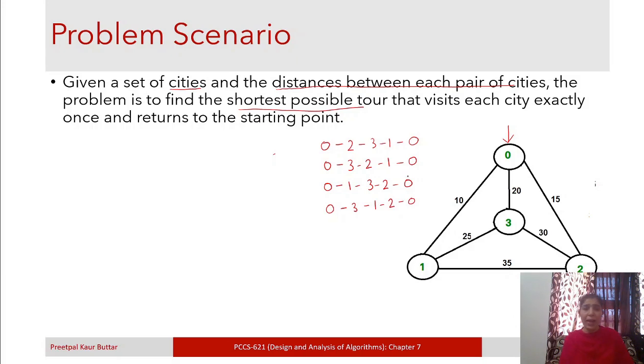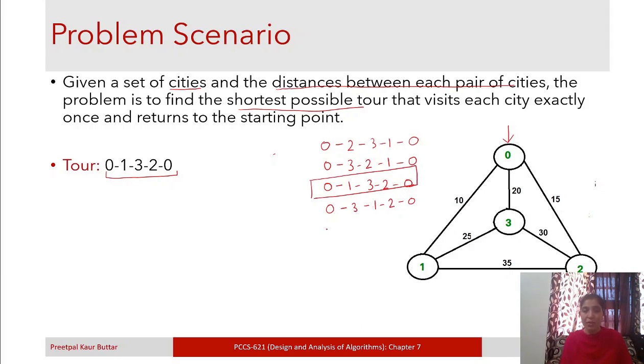So we have a number of choices, but the traveling salesperson problem is about finding the shortest possible tour. Here the shortest possible tour is 0 to 1 to 3 to 2 to 0. This is the cycle which is giving us the shortest possible tour.